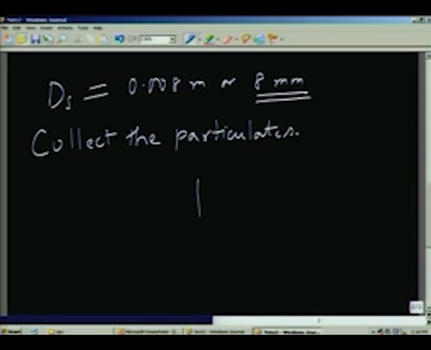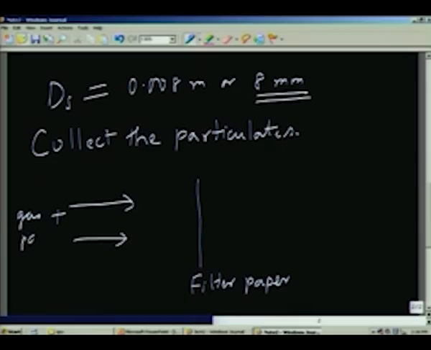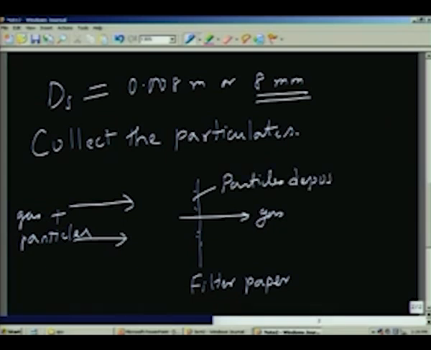For example, if I have a filter paper or some material, and I have the gas plus particles, the gas will pass through and the particles will deposit. So, particles get deposited on the filter paper.